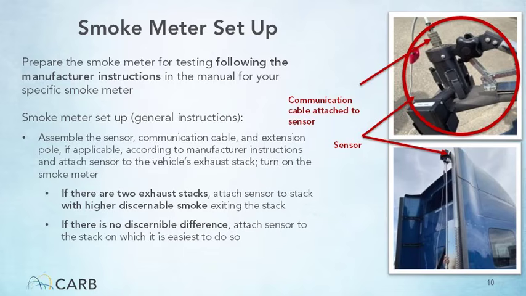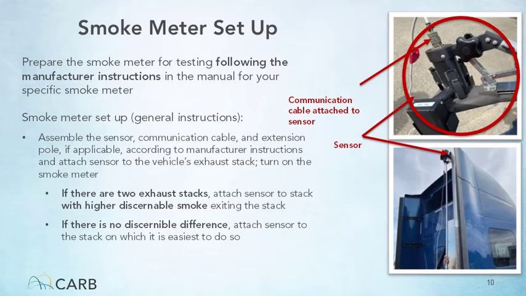Examples of these components are shown in the two pictures on the slide. If the vehicle has two exhaust stacks, attach the sensor to the stack with the higher discernible smoke exiting from it. If there is no discernible difference between the smoke coming out of the stacks, attach the sensor to the stack on which it is easiest to do so.